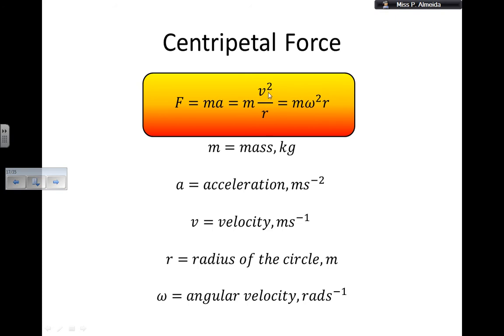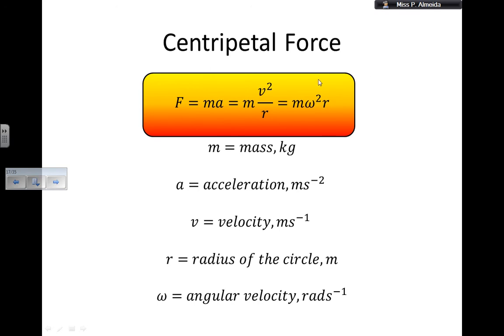And I already know that v squared over r is omega squared r. So F, my centripetal force, can also be mass times my angular velocity in radians per second, squared, times the radius of my circle in meters, okay?